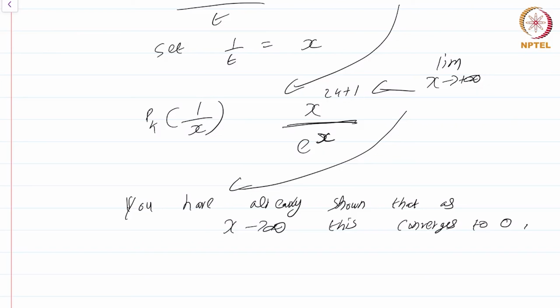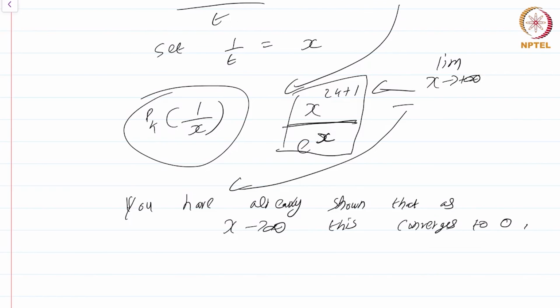This is one of the exercises which was first given just for sequences in the chapter on sequences, and again for functions in the chapter on continuity and limits. So this first term goes to 0. And this polynomial, as x approaches infinity, 1 by x approaches 0, so this is going to go to some fixed constant, so this whole thing converges to 0.